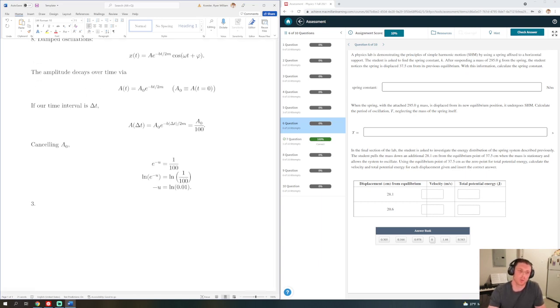So if you were to look at the free body diagram for the mass in this case, you would have essentially that. Let me write it out. So we'd want to think about the net force in the y direction, right?